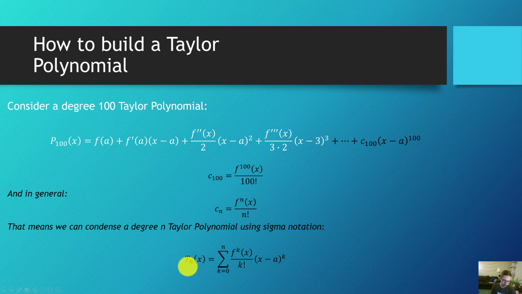T of degree n is equal to the sum from k equals 0 to n of the kth derivative of f over k factorial times (x minus a) to the k. And again, I keep messing this up by accident. This should be at a. So the kth derivative at a, not at x.